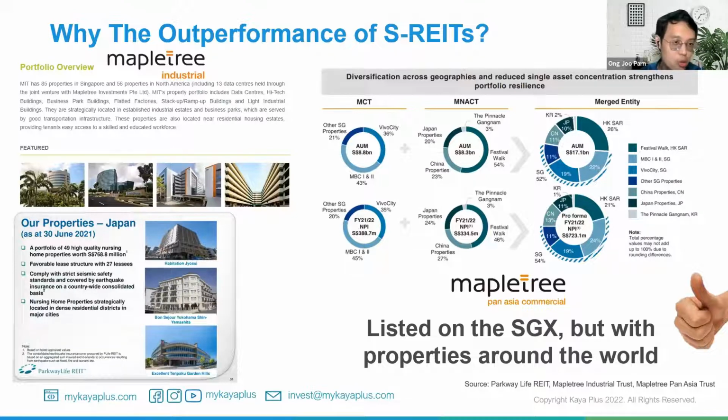You can actually choose to buy up properties in Malaysia. You can buy properties in Japan, for example, Parkway Life REIT, right? A healthcare REIT listed on Singapore Exchange, but that does not mean that they cannot go and invest into healthcare properties in Japan. Mapletree Industrial started off as a REIT just focusing on industrial properties, factories, warehouses in Singapore.